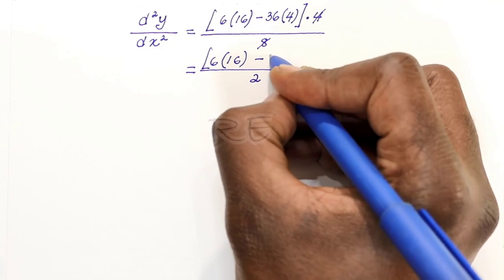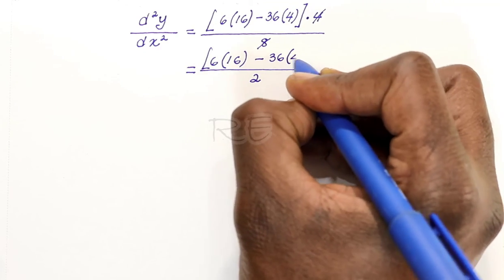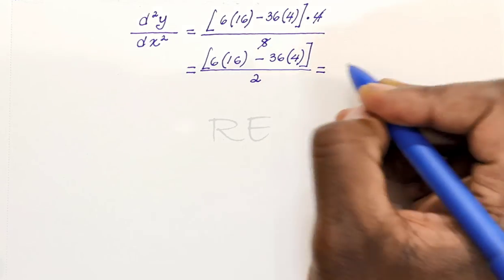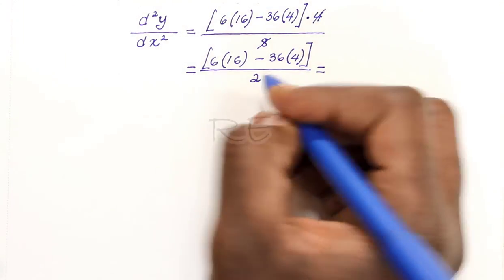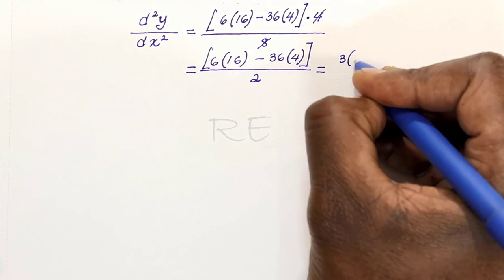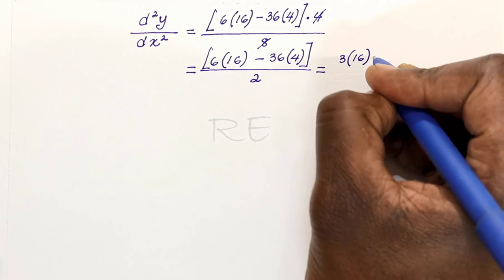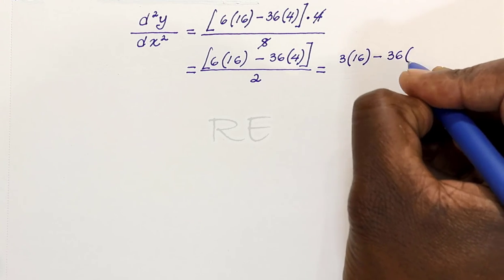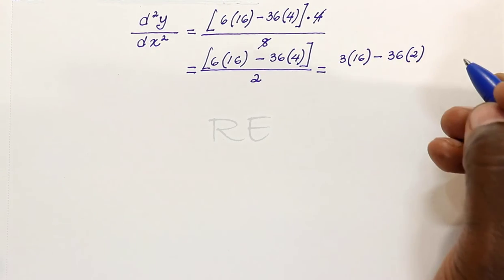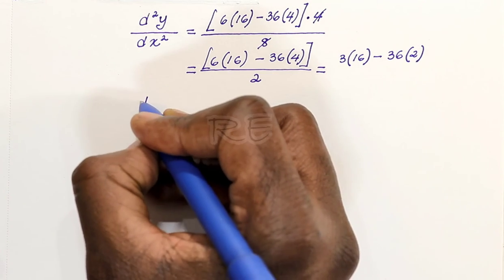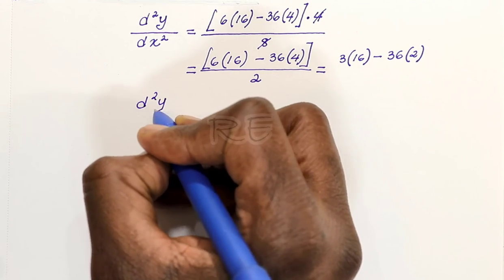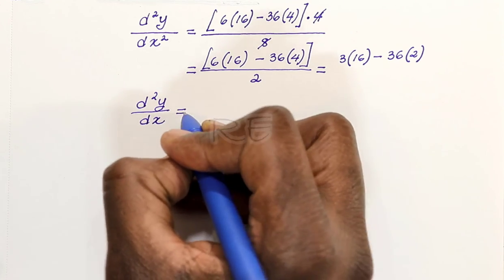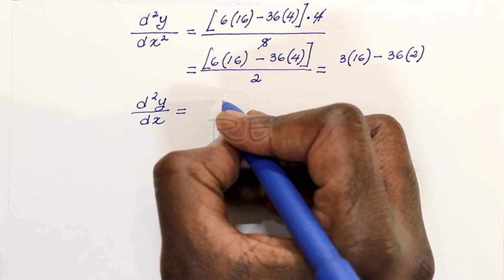6 times 16 minus 36 times 4. We can divide each of the terms by 2. 6 divided by 2 is 3, 3 times 16, and 4 divided by 2 is 2, 36 times 2. 3 times 16 is 48.